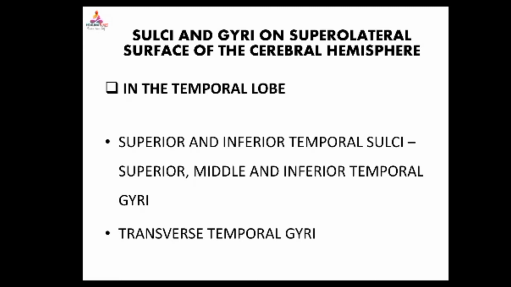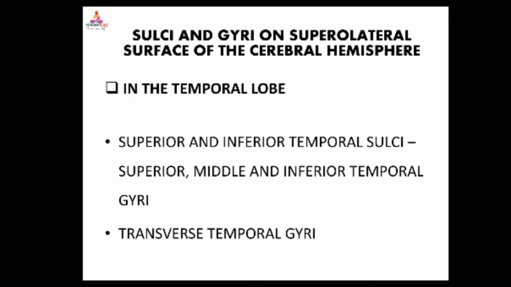Next in the temporal lobe, there are two sulci that run parallel to the posterior ramus of the lateral sulcus. These are termed the superior and inferior temporal sulci and divide the temporal lobe into superior, middle and inferior temporal gyri.